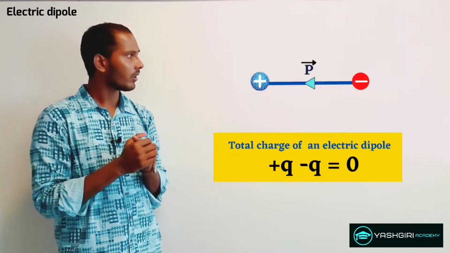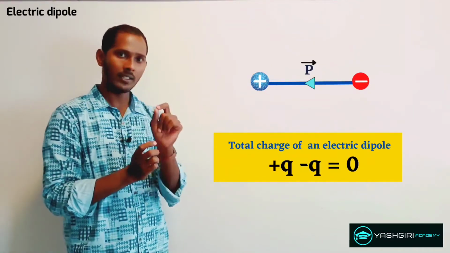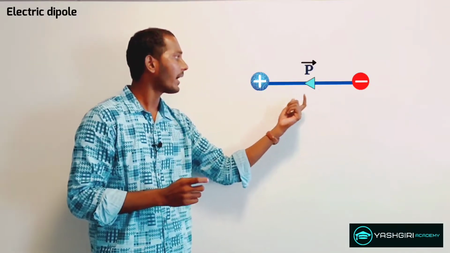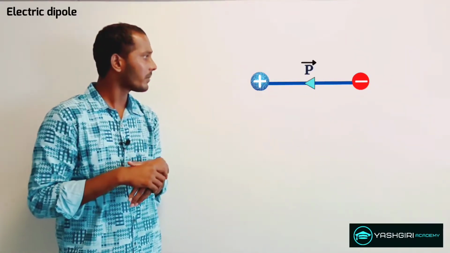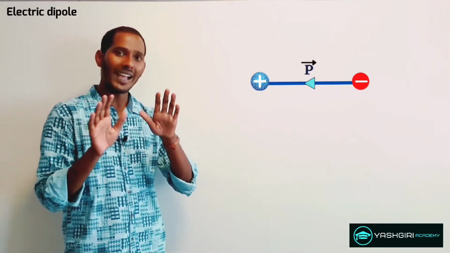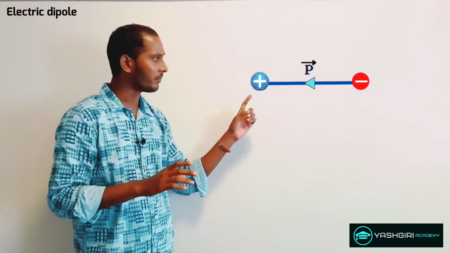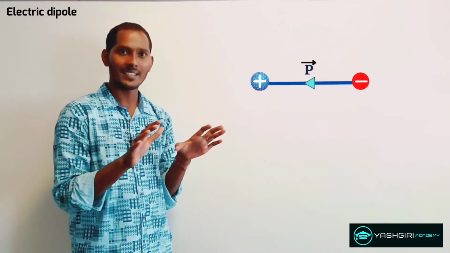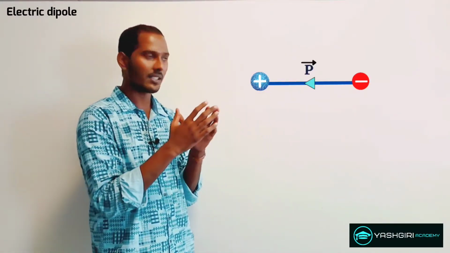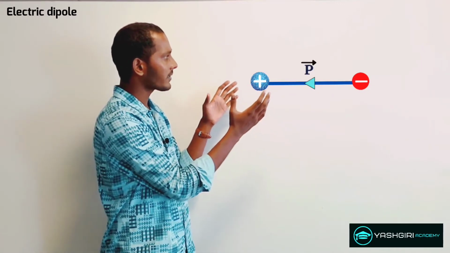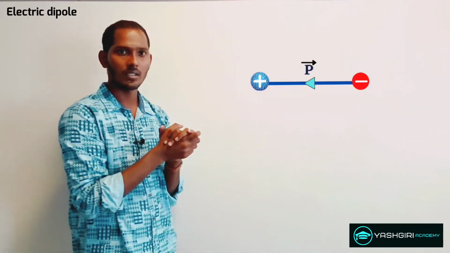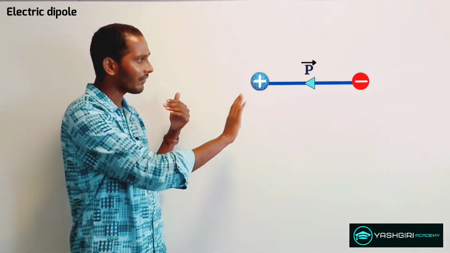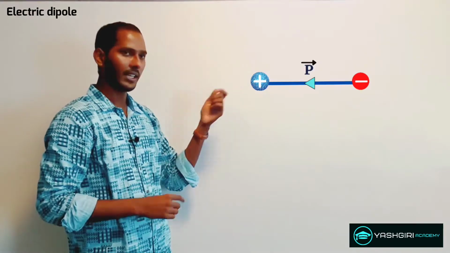Is it 0? If you see this electric dipole carefully, both the charges are separated by some distance. Which means if you try to add the electric fields of both the charges, they will not exactly cancel out. So there will be some field in the space surrounding both the charges, while the electric field will fall off as you move away from this electric dipole.